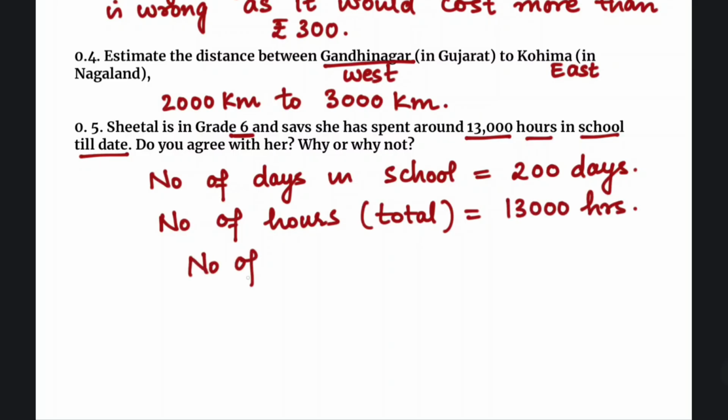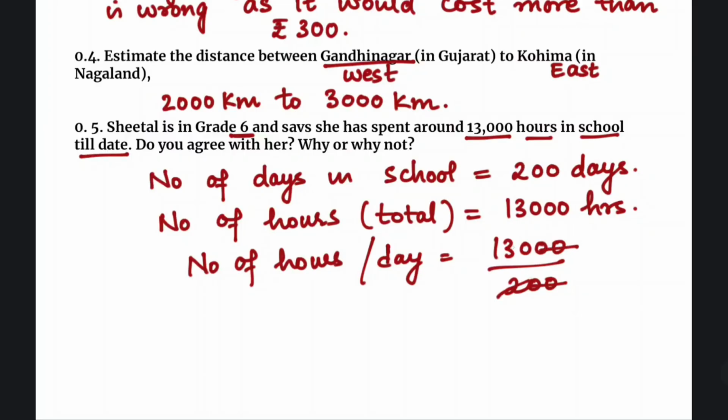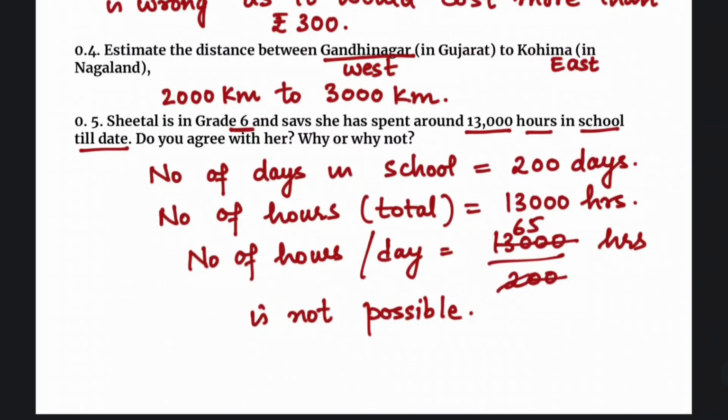So the number of hours per day is equal to 13,000 divided by 200. So we are getting around 65 hours per day, which is not possible. Therefore, her estimation is wrong.